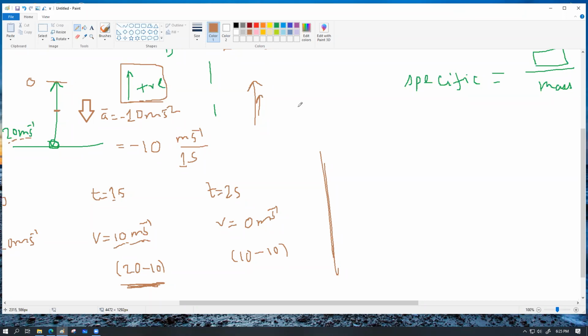Intact information means everything that is an upward vector is positive, and everything that is a downward vector is negative. If we want to maintain this, then as long as the object was rising upwards, it had a positive velocity because it was working in the upward direction. But whenever the object starts falling downwards, that velocity should not be positive anymore, because if upward velocity is positive by the idea of vectors, downward velocity should be what?